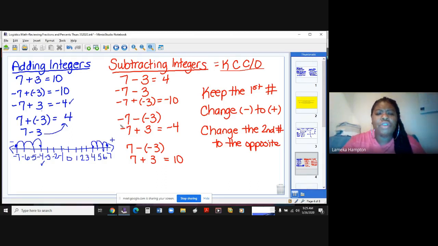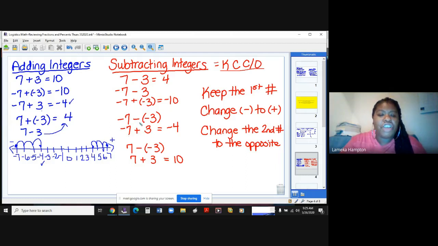All right, so we're going to go to the next problem. I have a -7, and that is minus -3. So I'm going to say that again. -7 minus -3. Again, I'm going to keep my first number the same. So I'm going to keep -7.